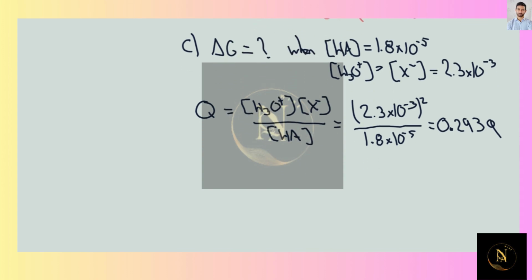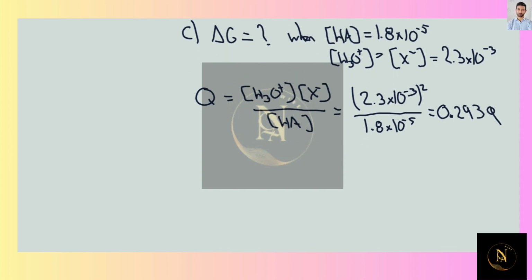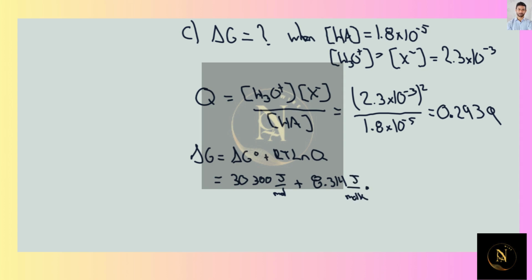Now with this, we want to calculate the value for delta G. Directly, delta G is equal to delta G naught plus RT logarithm of Q. Delta G naught was 30,300 joule per mole, plus RT, which is 8.314 joule per mole Kelvin, times the temperature of 298 Kelvin. Remember, the temperature hasn't changed.